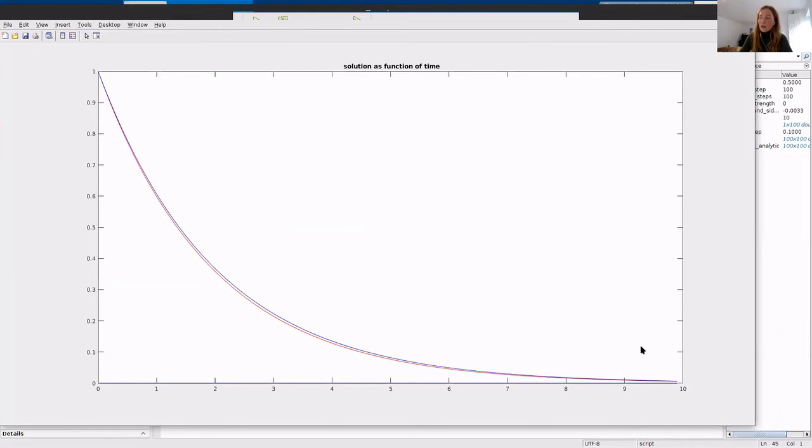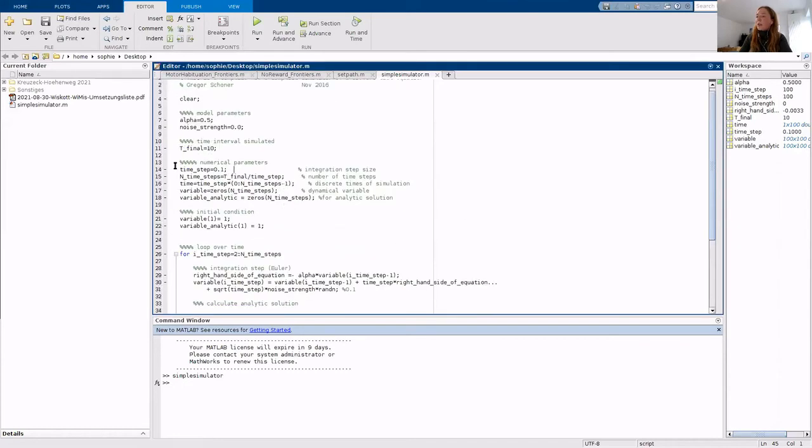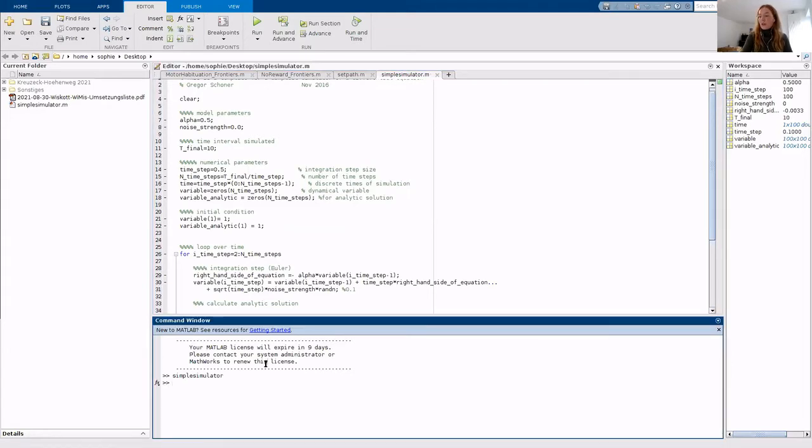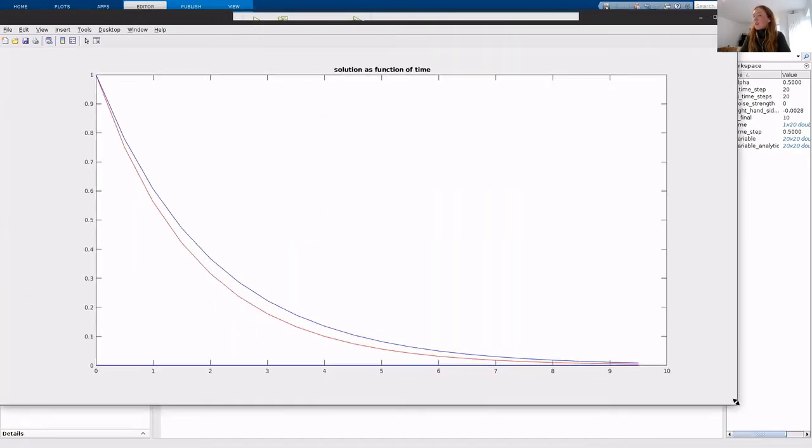Okay, so this is because we have a very small time step. So delta t is 0.1. We can just make it larger, maybe 0.5, and do this again. And we see that it's getting worse. Again, the blue one is our exponential function. We know that this is the solution.